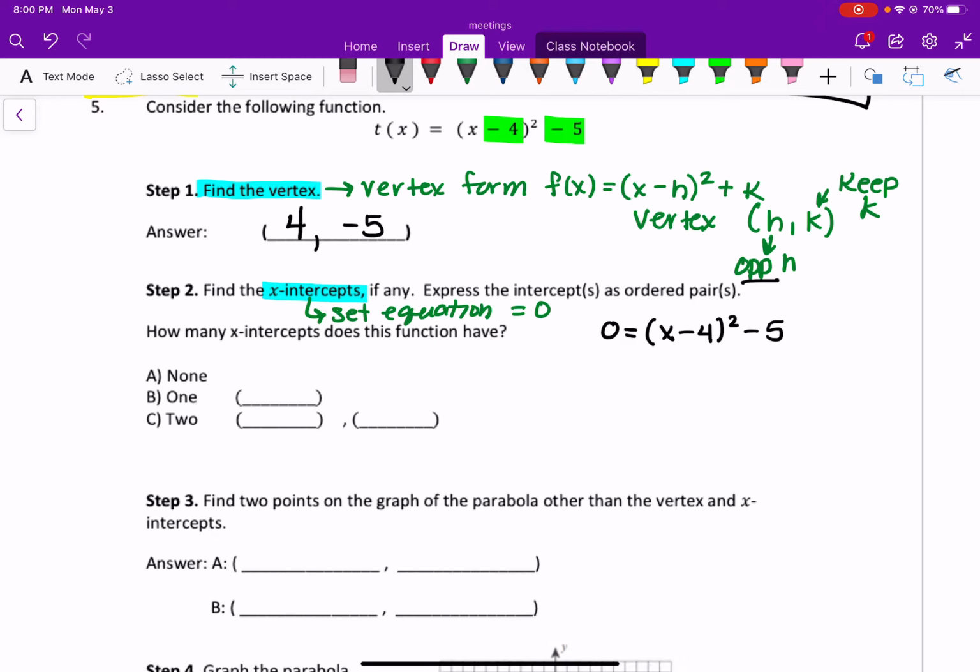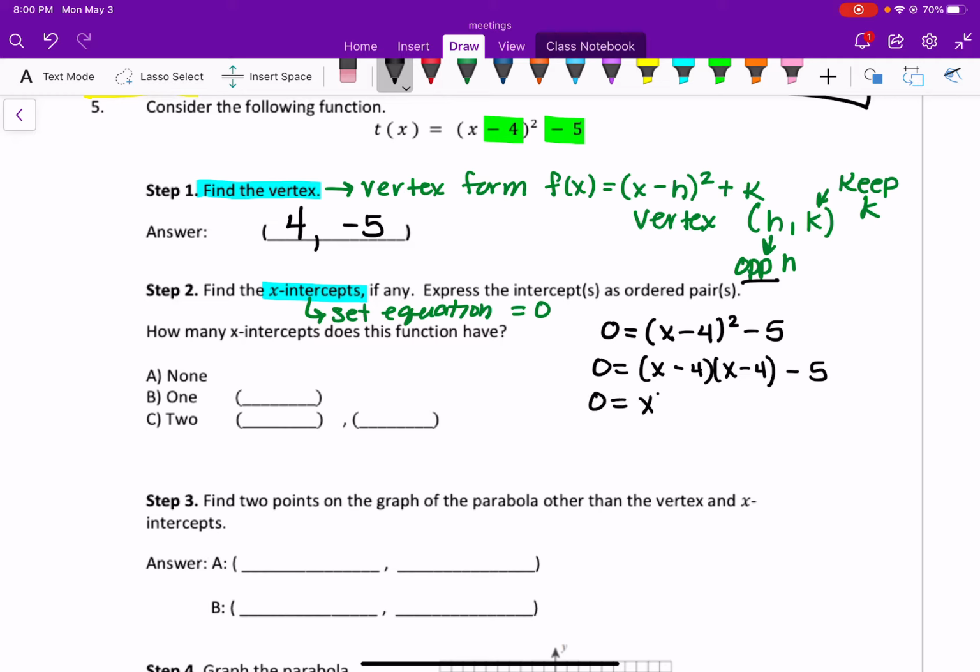We're going to get this into a format where we can either factor or use the quadratic formula. So we need to multiply this out. So 0 equals x minus 4 times x minus 4, and then minus 5 on the end.